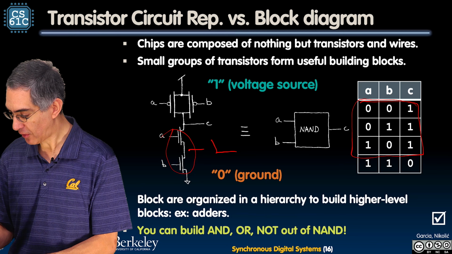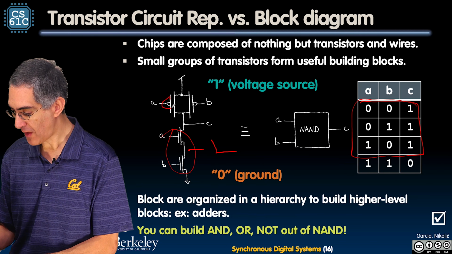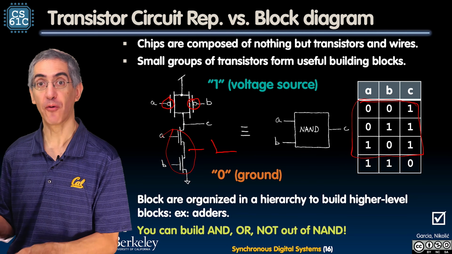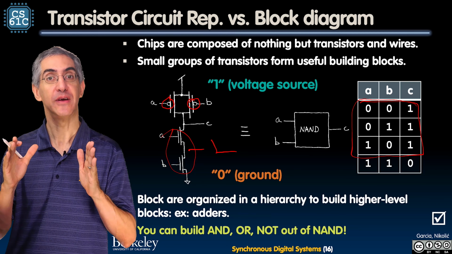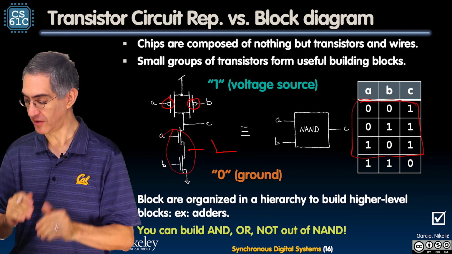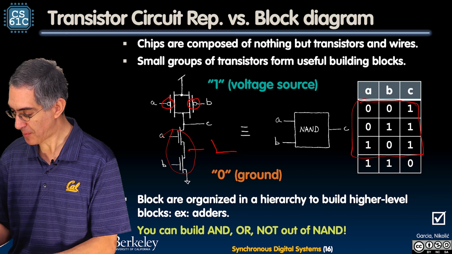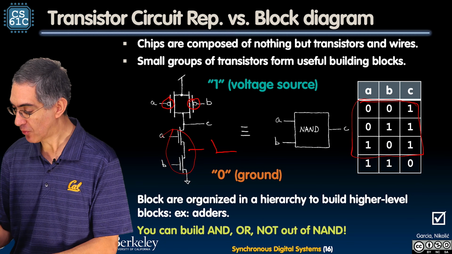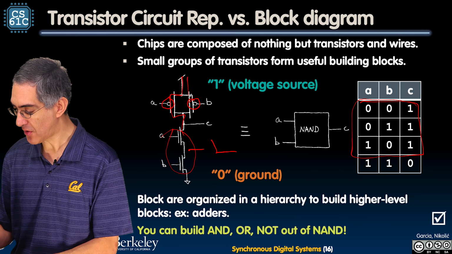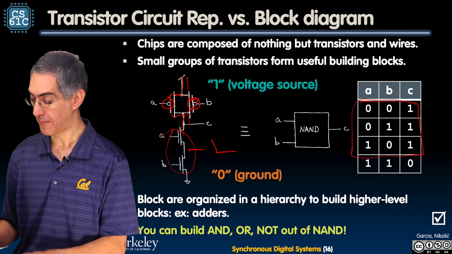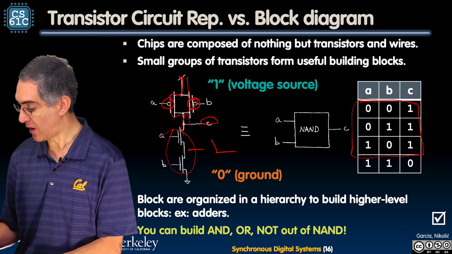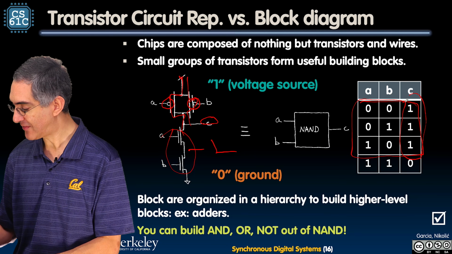And this also means that if one or both of them are 0, one of these guys is closed. Remember, when it's a 0, the P-type closes. The N-type opens with a 0. So that means there's going to be a path either here or in here. We saw that kind of parallel guy, which means I don't care, or both. Therefore, C is going to be 1. So in these three cases, C is 1.